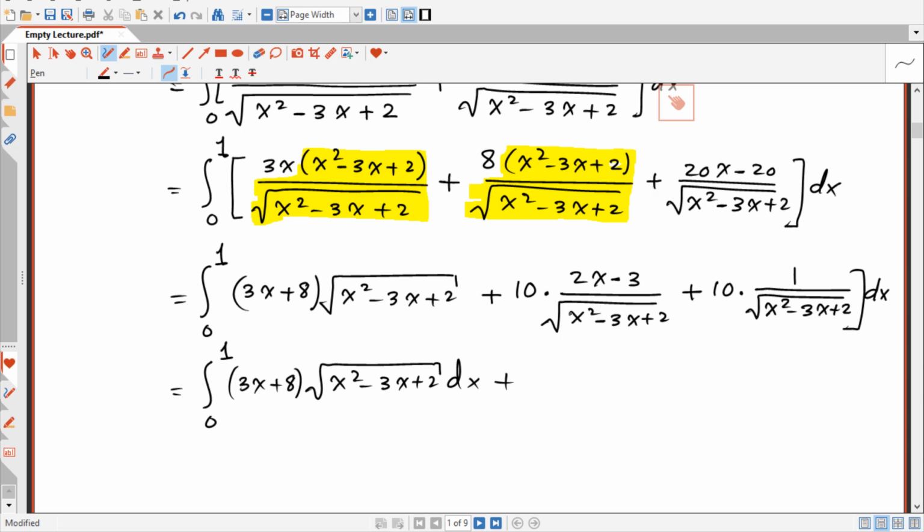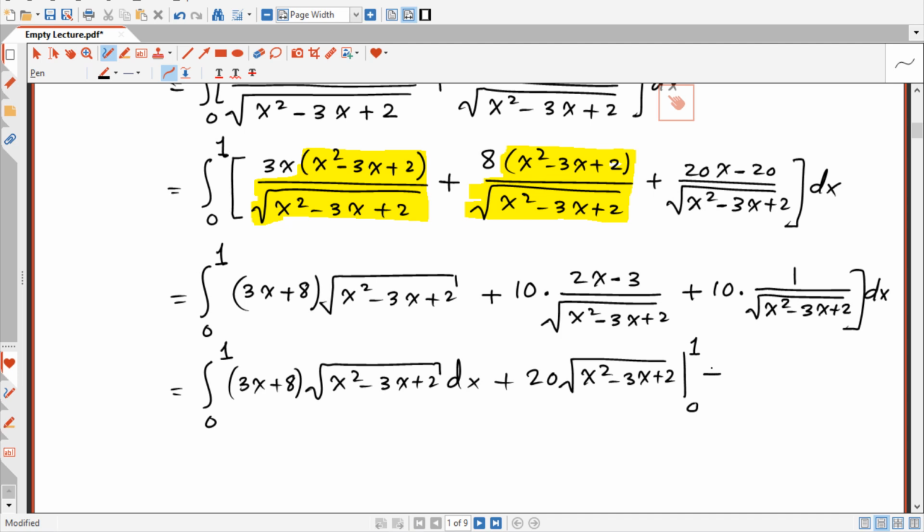this integral here can be evaluated in a straightforward way, because we can use the chain rule, since the numerator is the derivative of the quadratic term. So if we take the quadratic term to the power minus half plus 1, that's half, over half, 10 over half, that's 20, and we're left with the square root of x squared minus 3x plus 2, evaluated from 0 to 1.